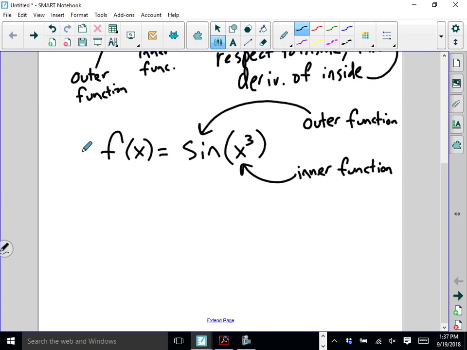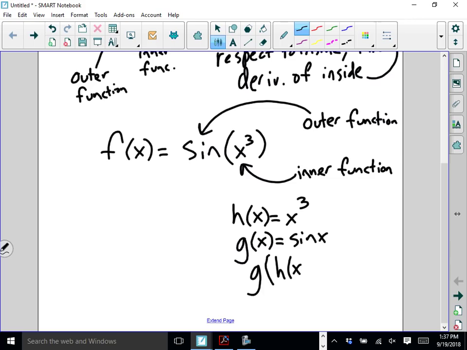If I let h of x equal x cubed, and I let g of x equal sine x, then g of h of x would be sine of, and we're replacing x in g of x with h of x, which is x cubed. Right? So we can see that our inner function here is x cubed, our outer function here is sine x.